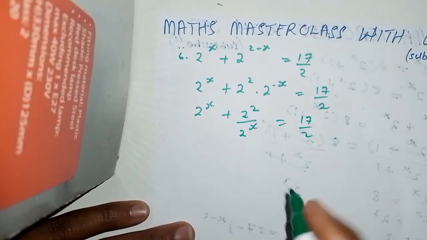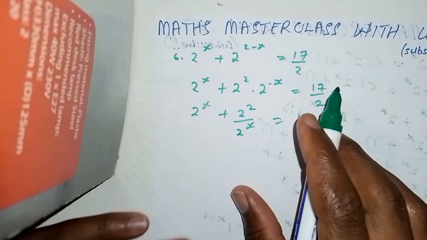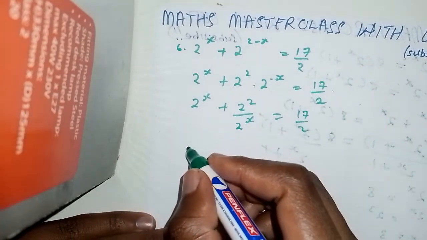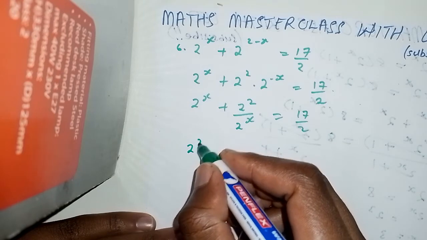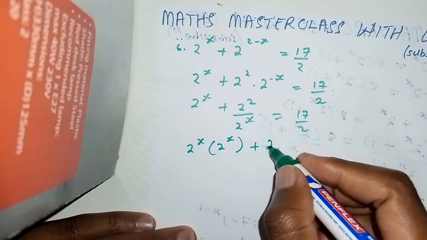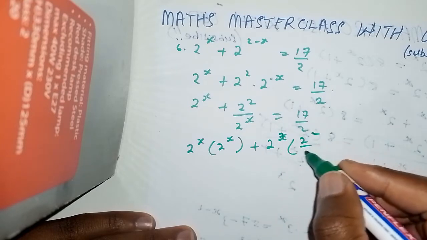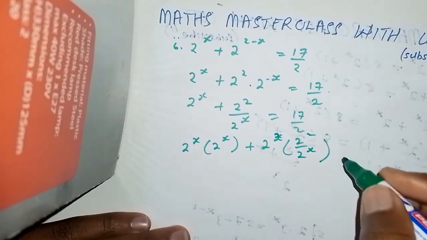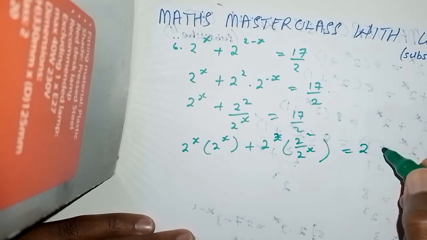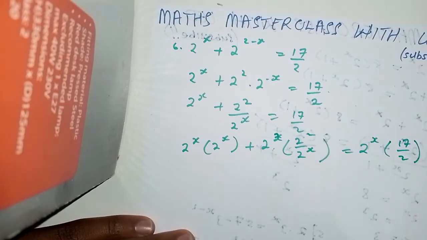What I need to do, I need to remove the exponent, this x from the denominator. I'm going to say 2 to the power x into 2 to the power x plus 2 to the power x into 2 to the power 2 over 2 to the power x. What I do on my left hand side also applies on the right hand side: 17 over 2, right?